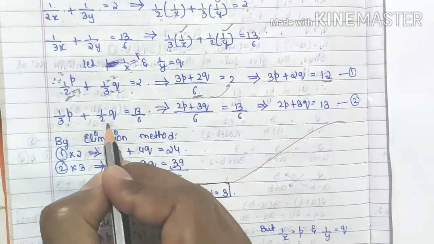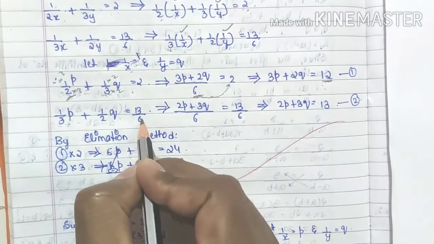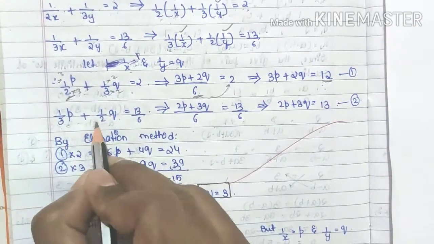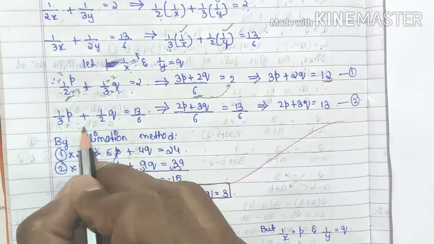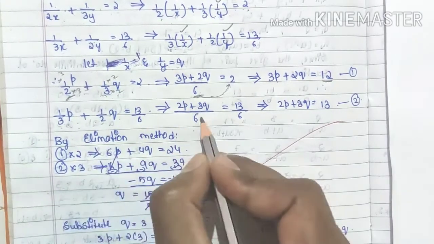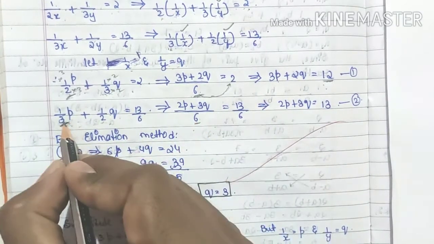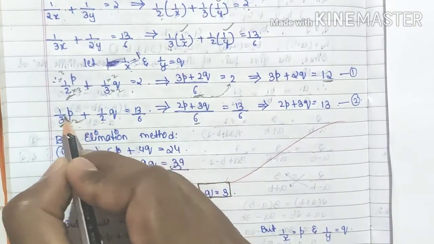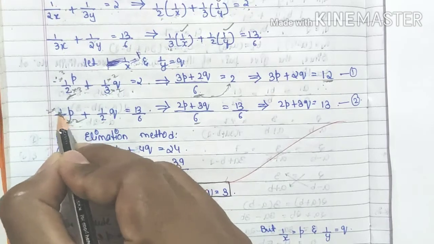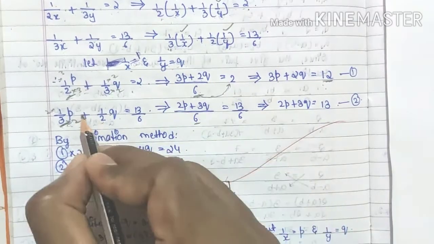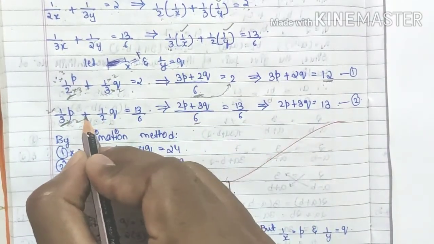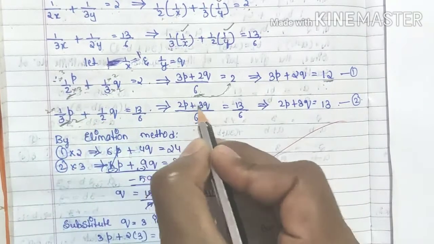1 by 3p plus 1 by 2q is equal to 13 by 6. Here also we have to do the LCM of 3 and 2. 3 and 2 LCM will be 6. Now 3 converted to 6, so we have to multiply with 2. So 1p is also multiplied with 2: 2 into 1 is 2p. Plus will be plus. If it is plus you write plus, or if it is minus you write minus.